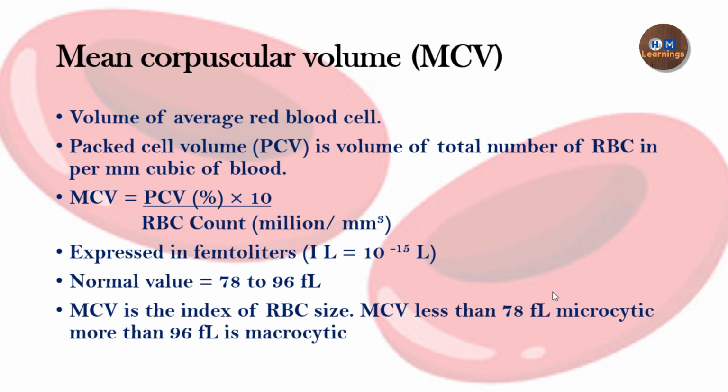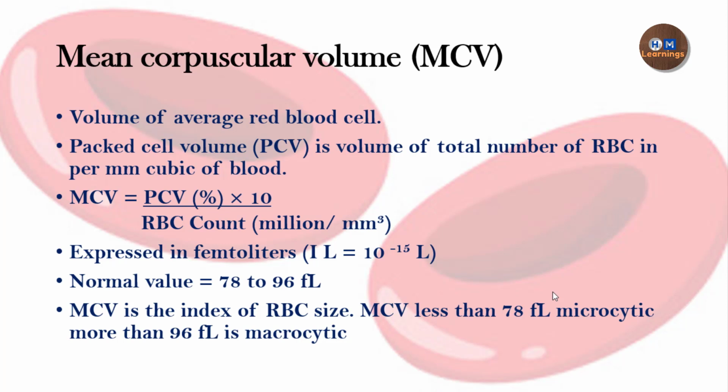So if we apply the unitary method, if we divide the packed cell volume by the RBC count, we get the mean corpuscular volume, and it is expressed in the unit called femtoliters, that is equal to 10 raised to power minus 15 liters.